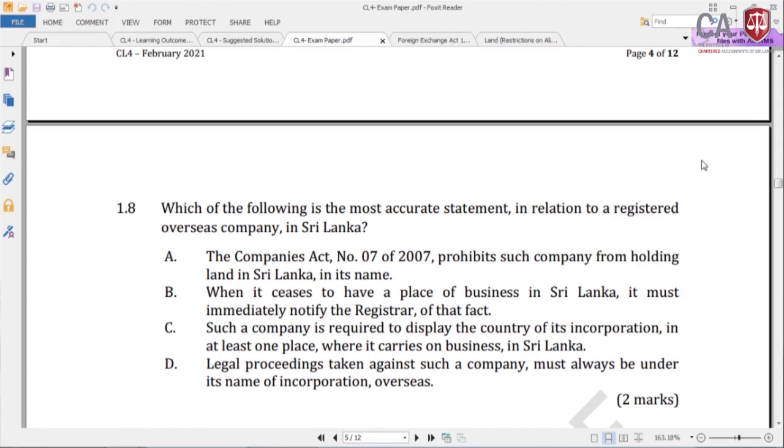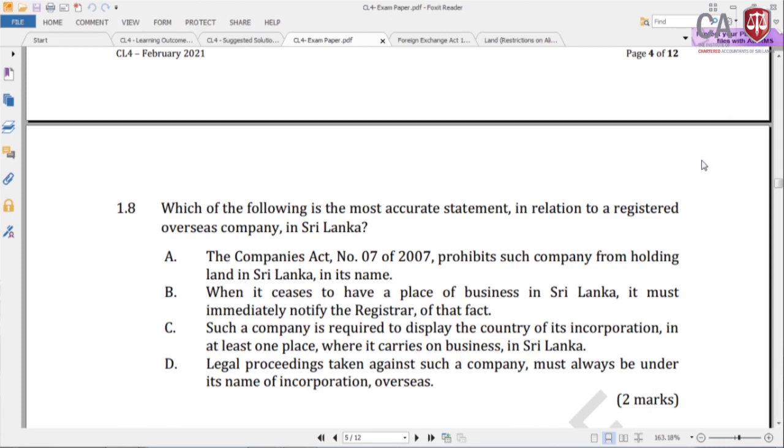Then the real correct answer is that, because the very purpose of letting an overseas company be present in Sri Lanka is by letting that company give a business place, so that the registrar of companies would know where the company is located.